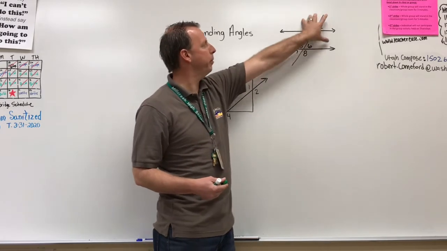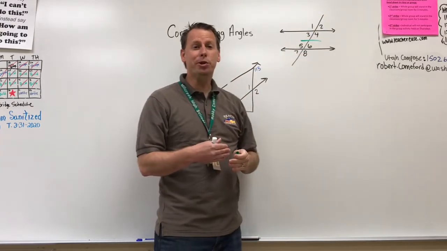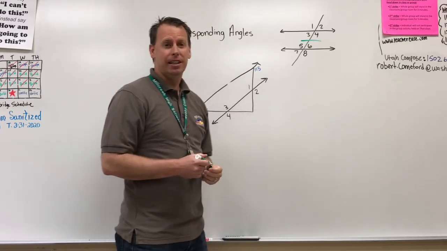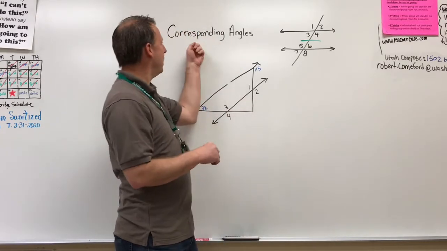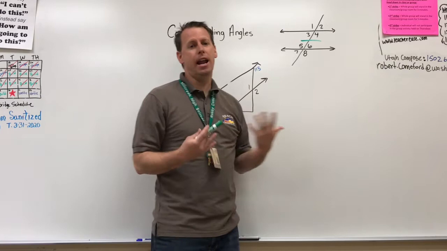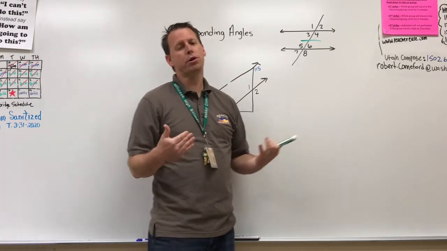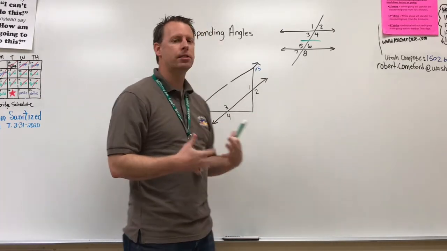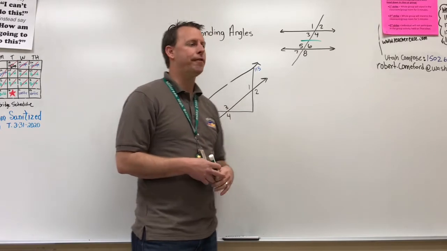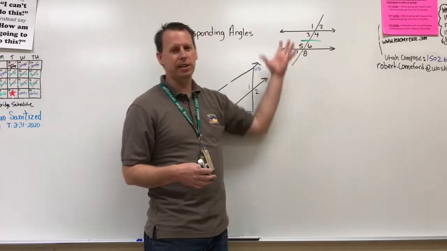Right, pick it up, plop it down. The angles that land on each other, those are corresponding angles. And it turns out again they are equal. Right, so corresponding angles are equal. So we can just add this to the mix, the tools that we already have to solve for missing angles, right?